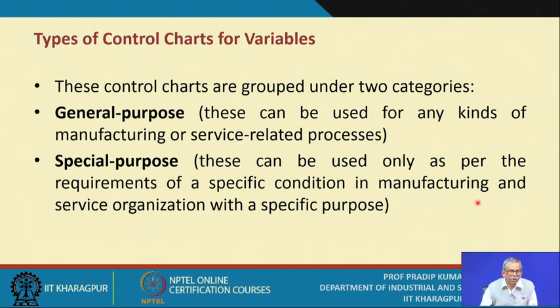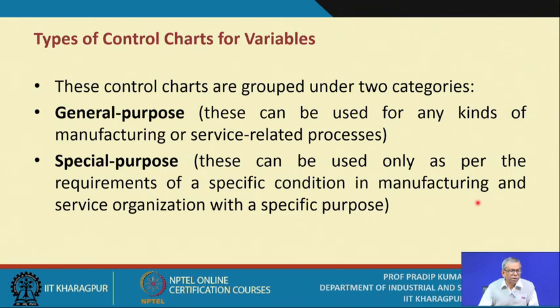That means those are general, and as you know that by using a control chart you try to achieve certain objectives. Now if you use such general purpose control charts, that means there are certain general objectives which you need to achieve through control charting, and these general objectives are relevant for any kinds of manufacturing situations.